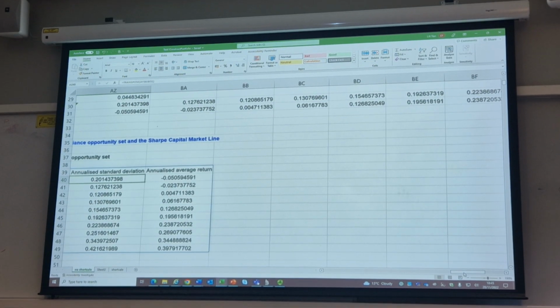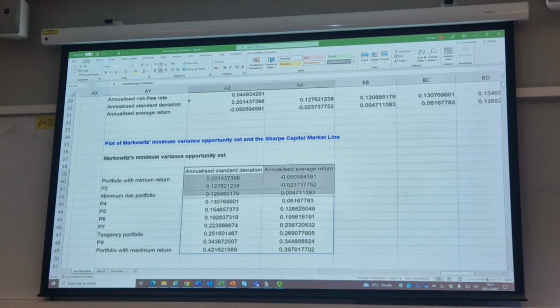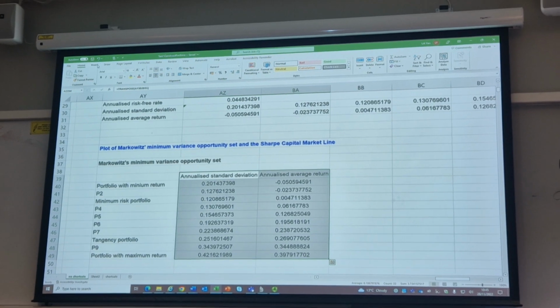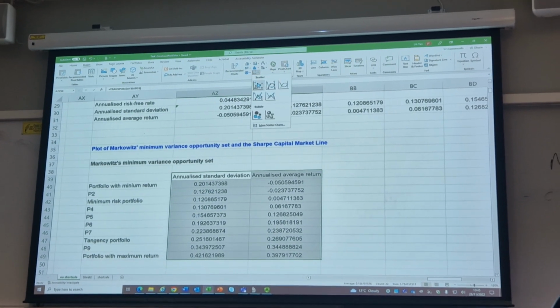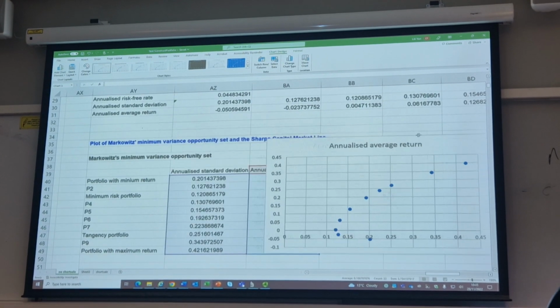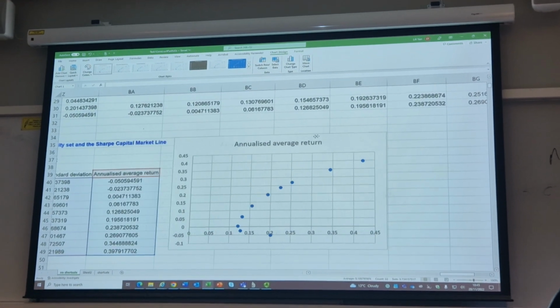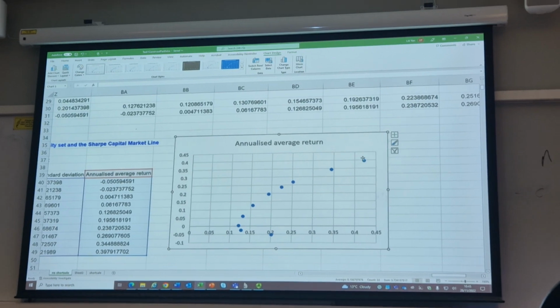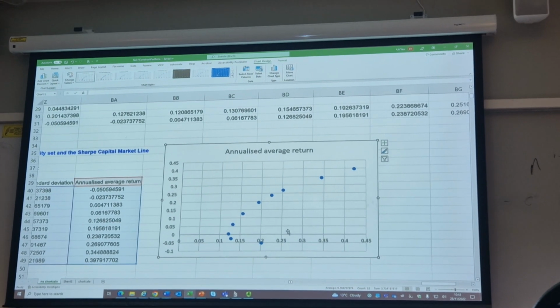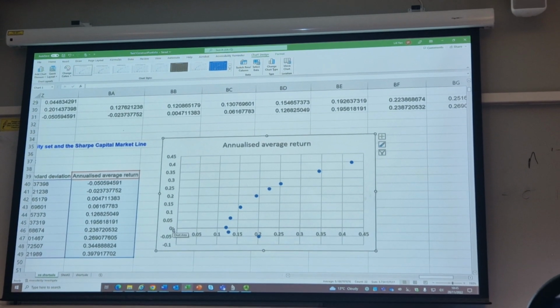Okay. Then I just highlight these two columns and then insert the scatter plot. So this is actually the 10 portfolios we constructed located in the standard deviation and return space.